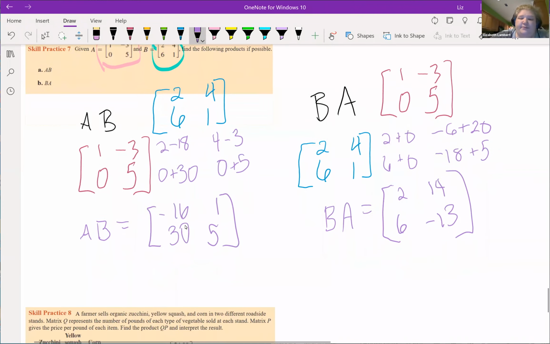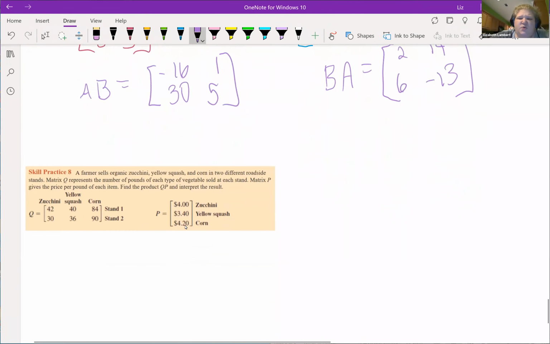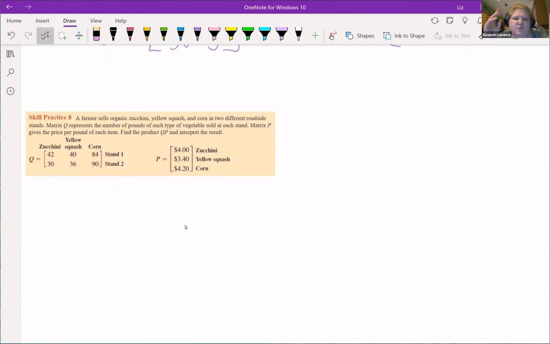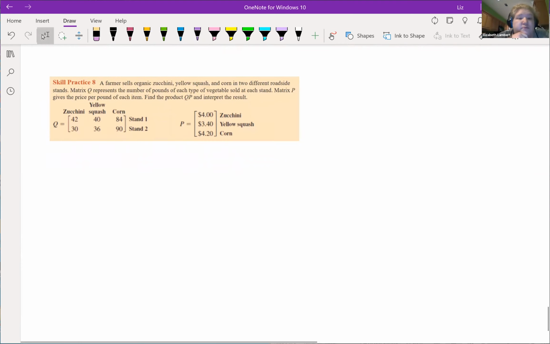All right. Now the last one, the book decided we need an application problem because of course this is what a farmer does with his roadside stands. A farmer sells organic zucchini, yellow squash, and corn in 2 different roadside stands.